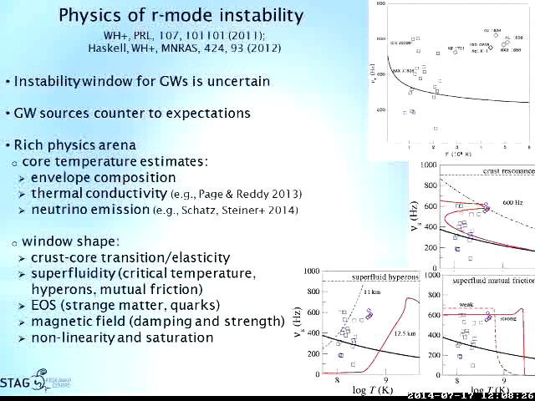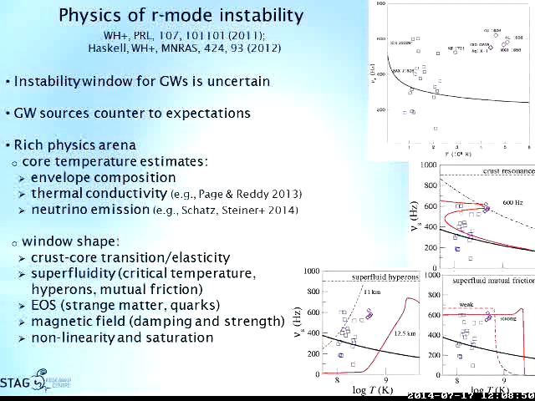Why it's of interest to me, and it should be of interest to the nuclear physicists, is because what governs whether that R mode is active is a lot of very interesting physics. Not just thermal conductivities and neutrino emission, but also the crust-core transition and the elasticity of the crust.